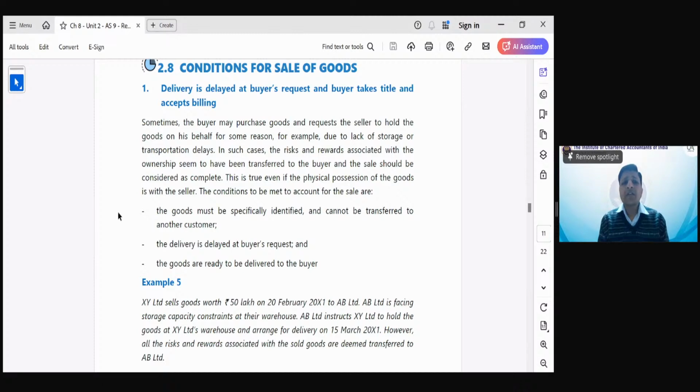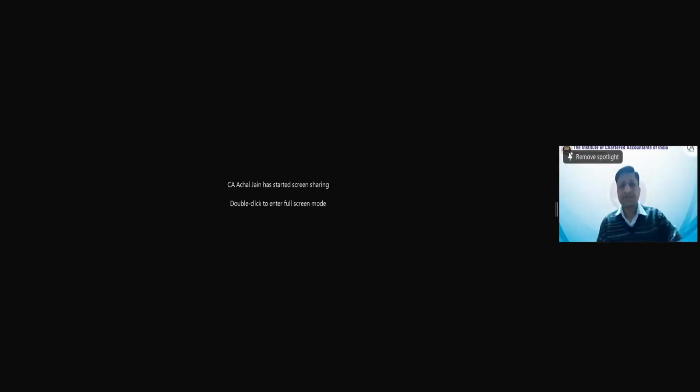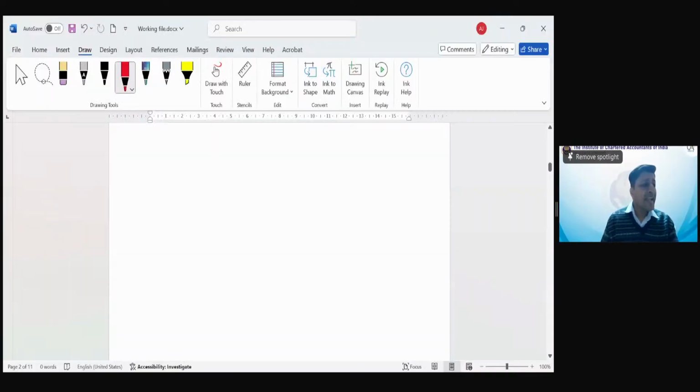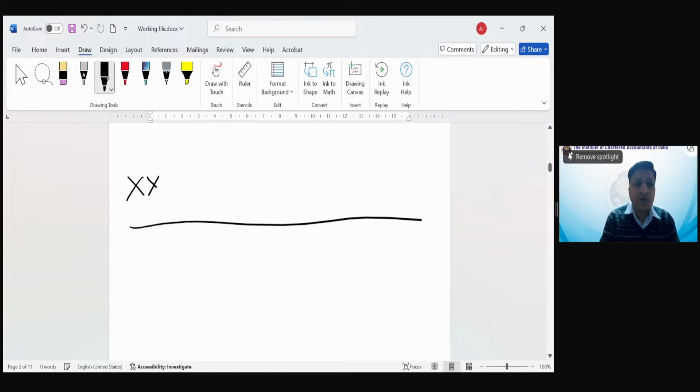XY sells goods worth rupees 50 lakhs on 20th Feb 2000x1.